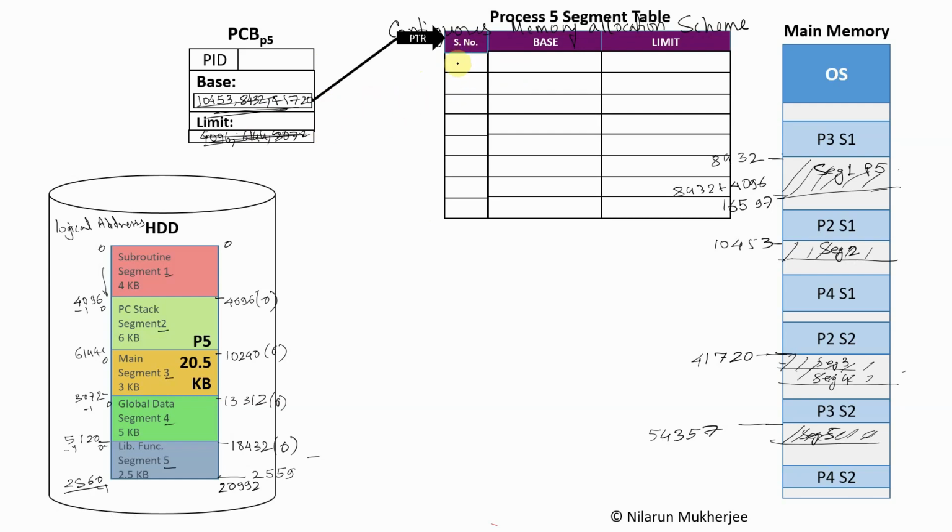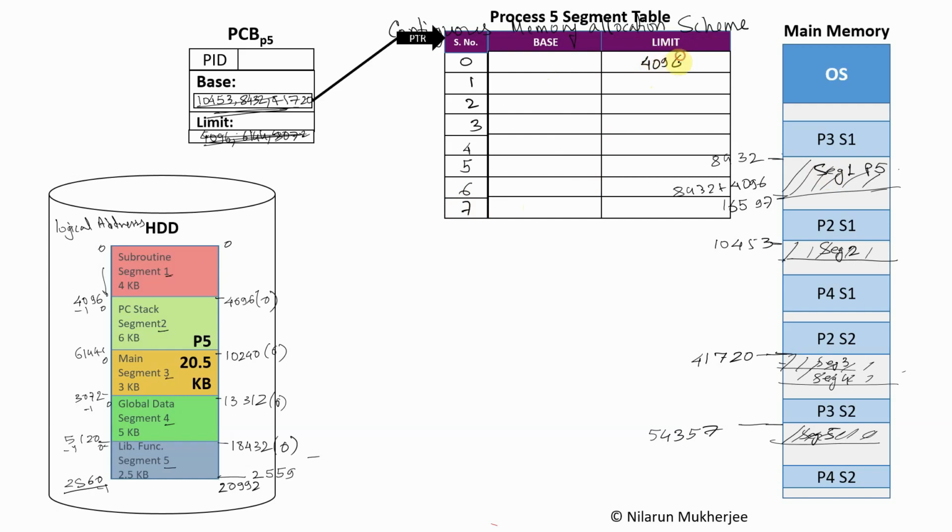In this scheme, we are allowing 8 segments per process. So whether or not the process uses the 8 segments in its logical address, we will have 8 entries here. Initially, when the segments are not loaded, the base is unknown, but the limit of the segment is known.